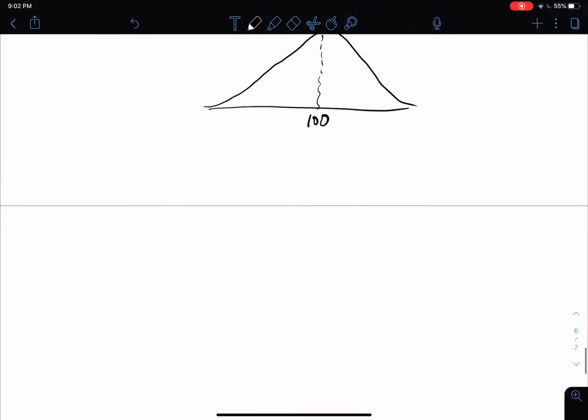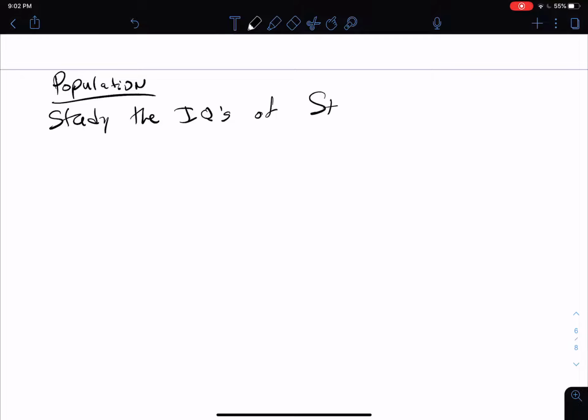Okay, so what if we get a skewed population? This is a new population. Who are we checking out? I want to study the IQs of Stanford students.